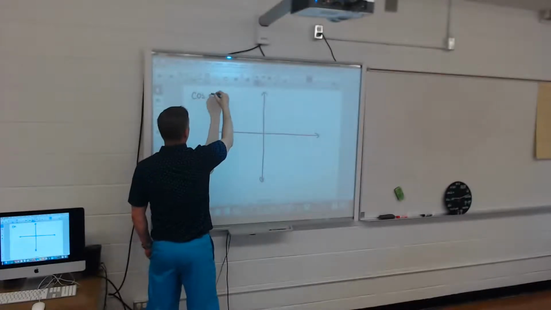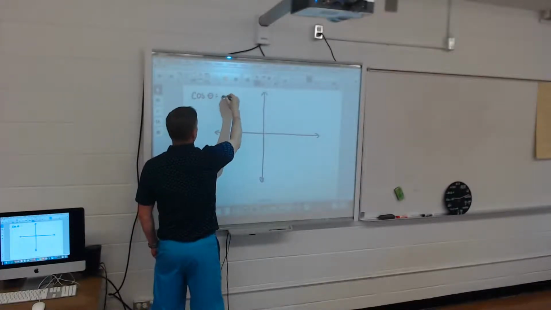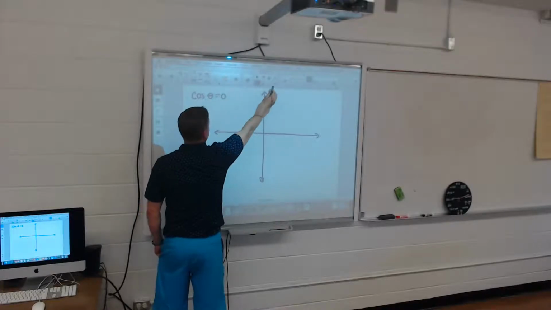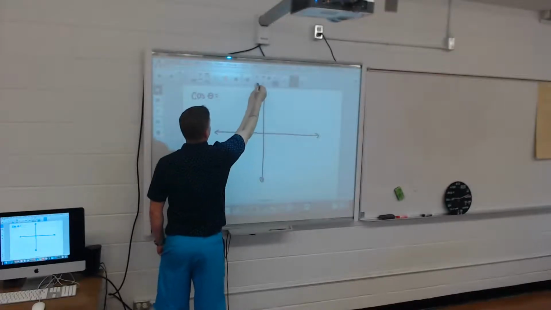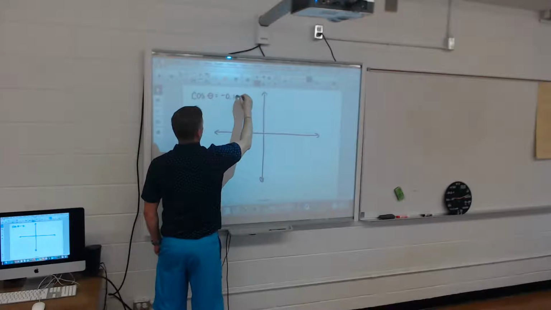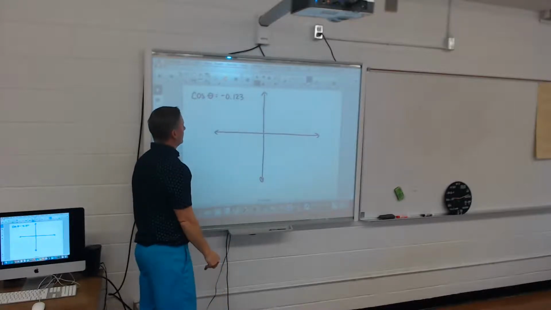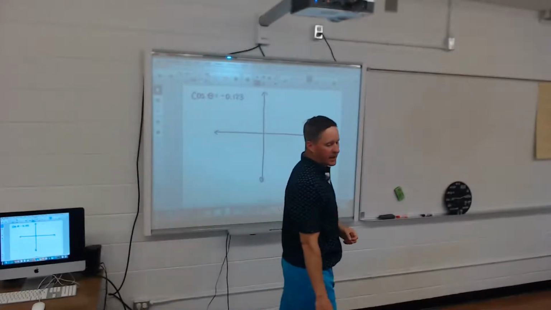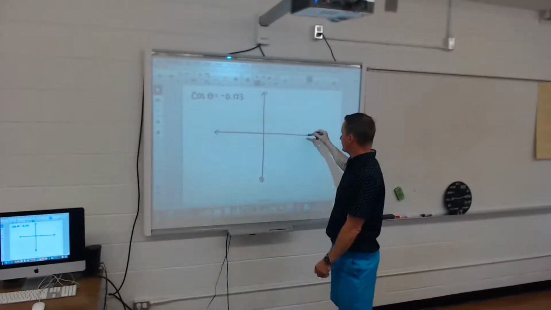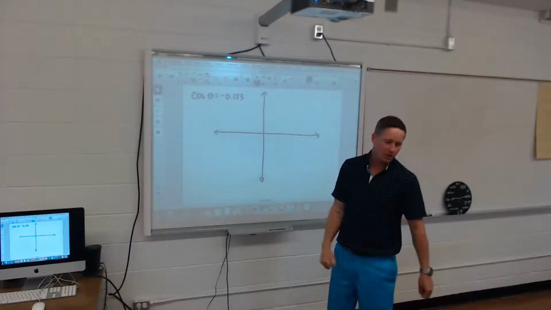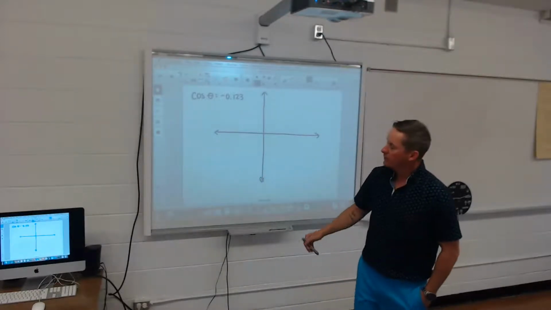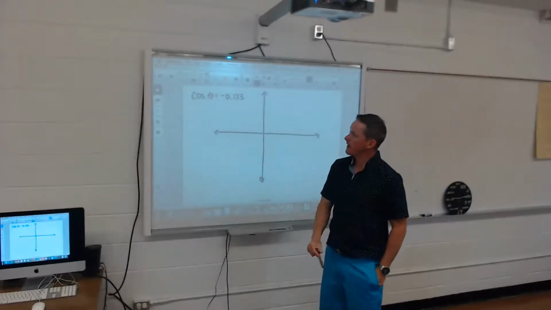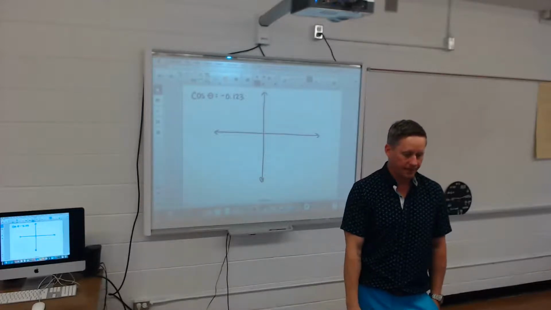So I'm going to use this ratio right here: cos theta equals negative 0.123. I want to find all of the angles between 0 and 360, so all the way around this circle, in which the cos ratio is negative 0.123.